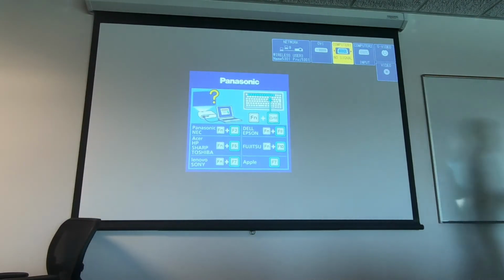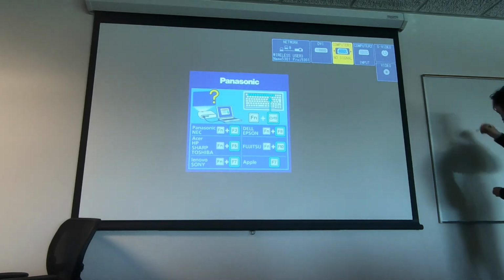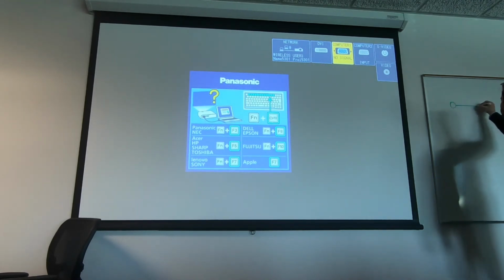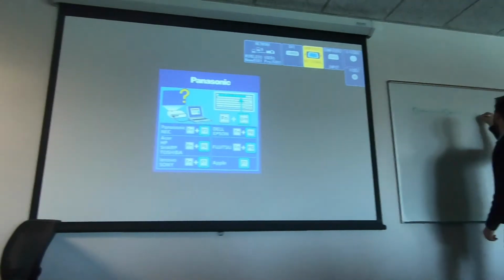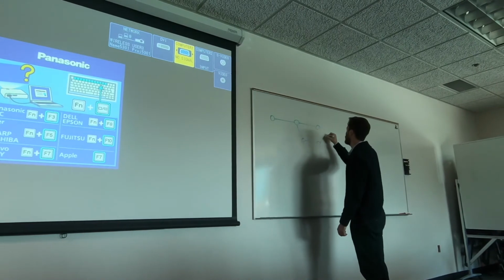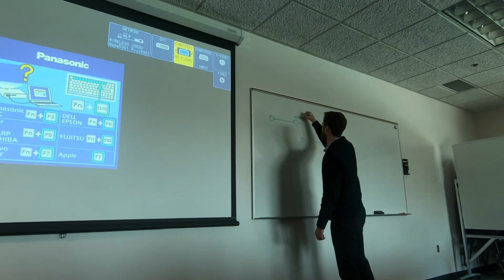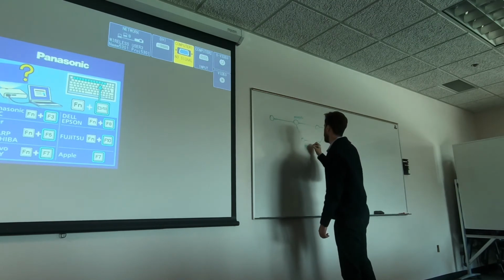So CI/CD, basically, like I showed you before, you have different code. Maybe you're committing something and then merging it back into the master branch. So let's say this is the master branch. This is some dev branch.